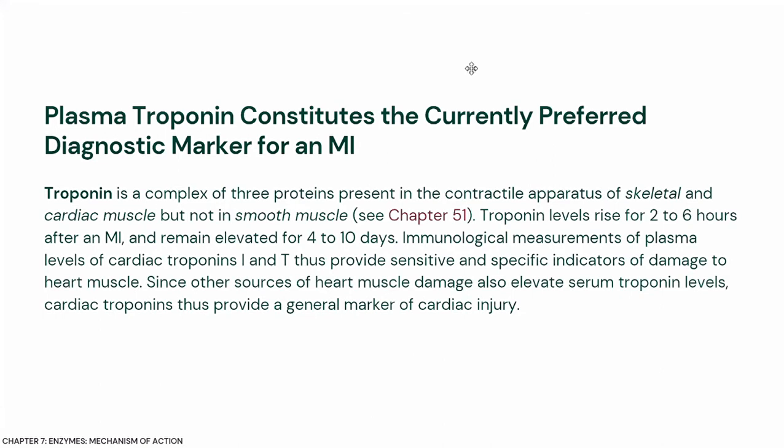So if you catch the patient within that 2 to 6 hours, then you have a high. And it remains elevated for a week. So that is the use of what we call enzyme assay.